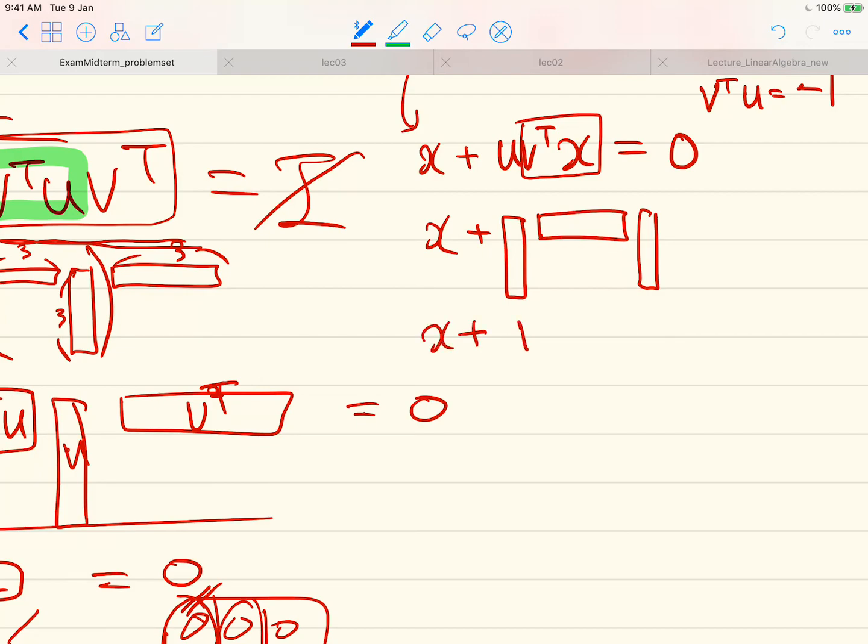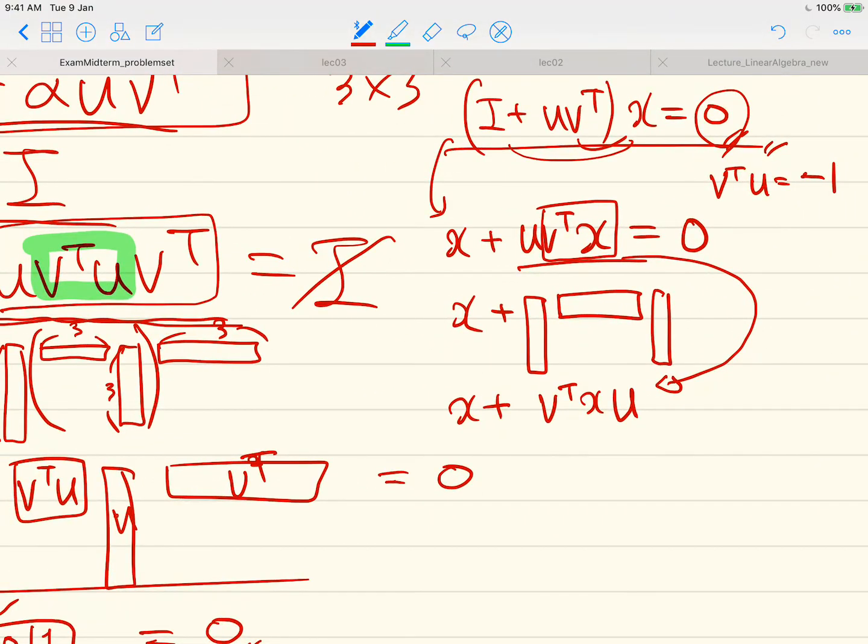So x plus V transpose x and U, it can be written in this form. Does anyone have an idea?